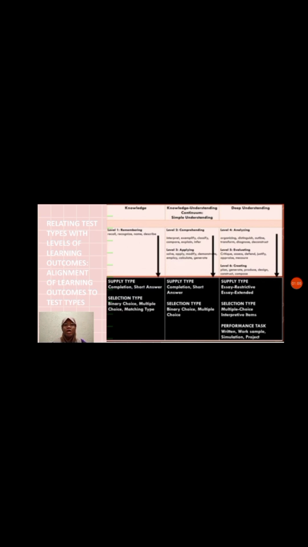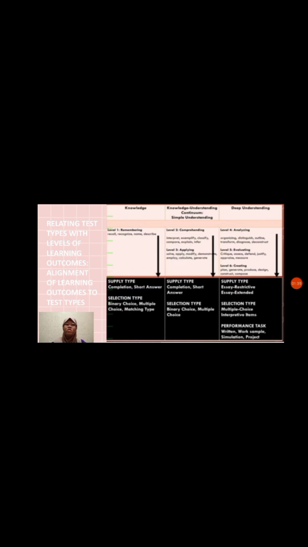Like for supply type, as you can see on your screen, it could be present from knowledge, knowledge-understanding continuum, and deep understanding. When we say essay restricted, it will limit the possible answer coming from our learner. Like if you would ask the steps in cooking, that is essay restricted because the answer will be limited.